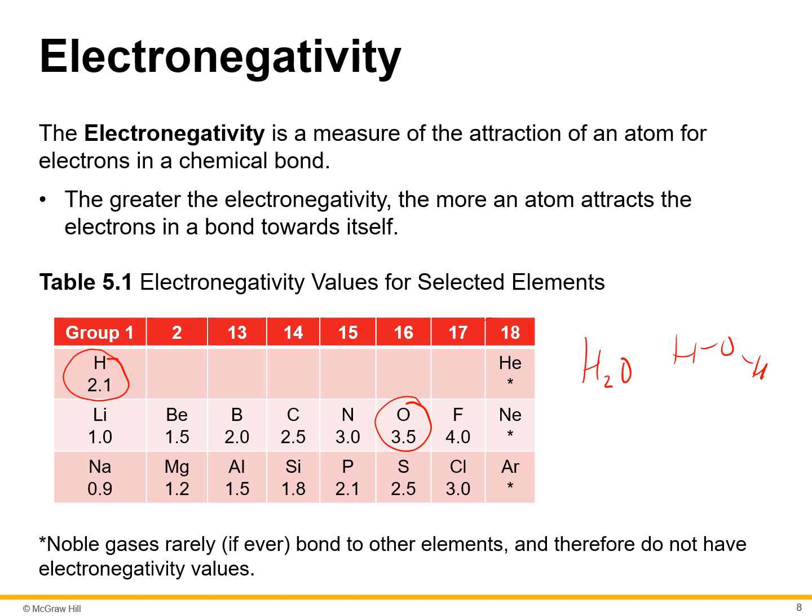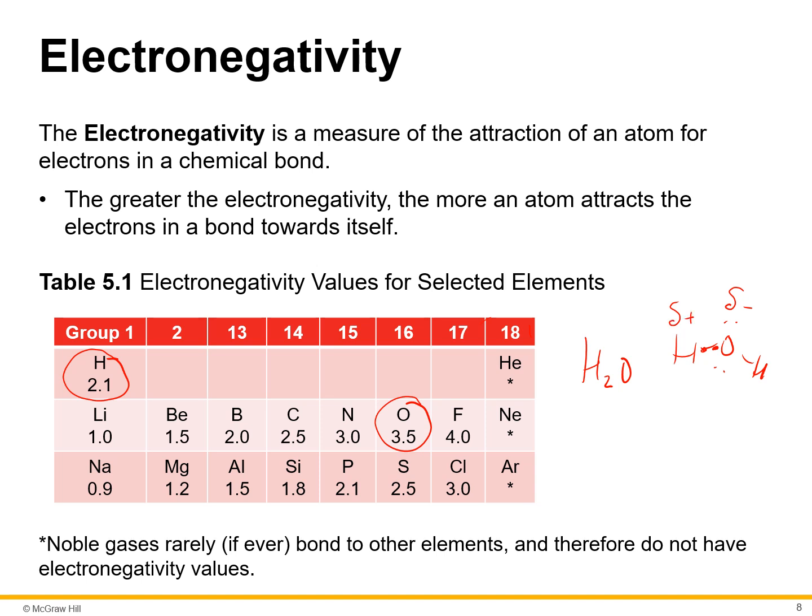Oxygen has a stronger electronegativity. That means the electrons in this bond will spend more time around oxygen. So that will give oxygen a partial negative charge, and because one is negative, the other will as a result be partially positive.